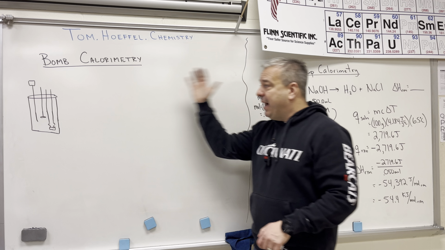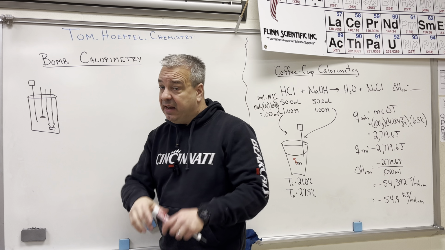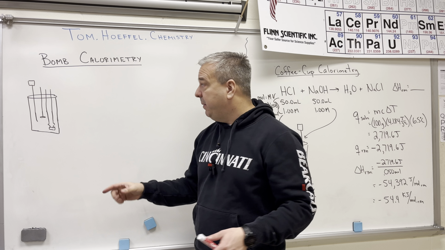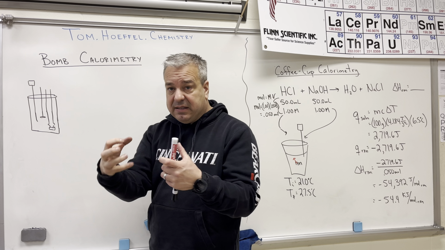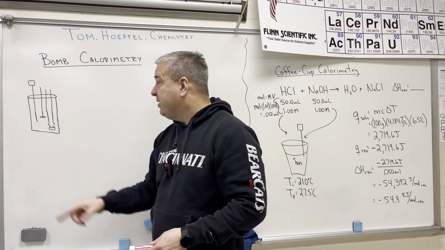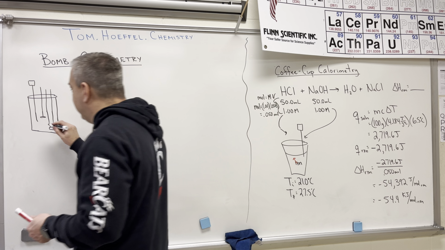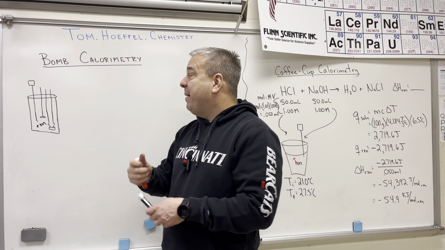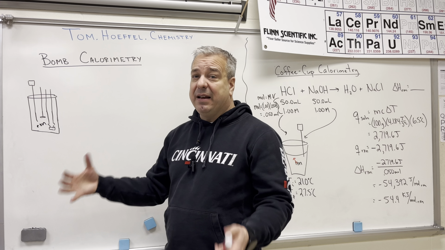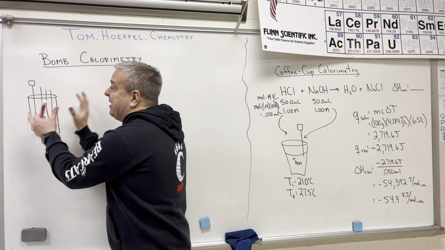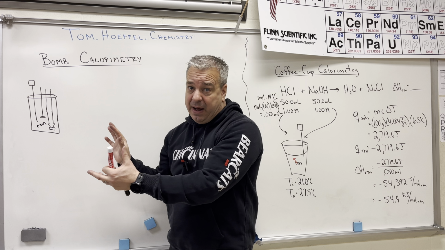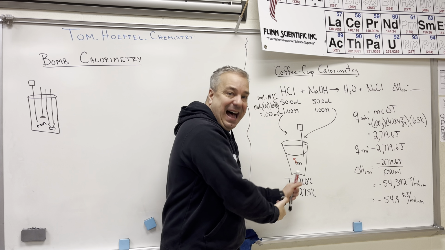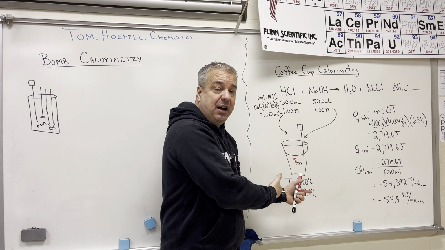The way bomb calorimetry works is it's almost always exothermic, so we're blowing things up inside of this bomb calorimeter. We have this chemical reaction inside the bomb calorimeter, but the heat flow is going to a lot of different places because there's a lot of stuff inside a bomb calorimeter that is not inside a coffee cup calorimeter.